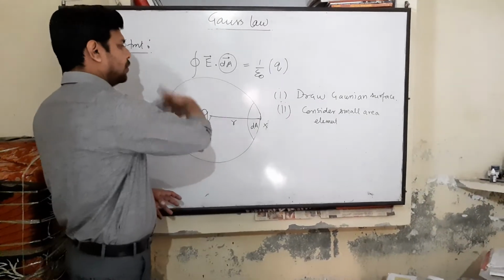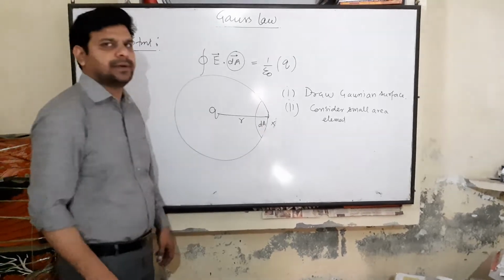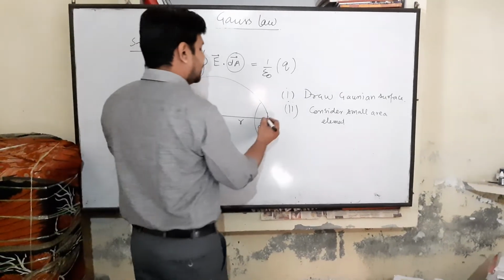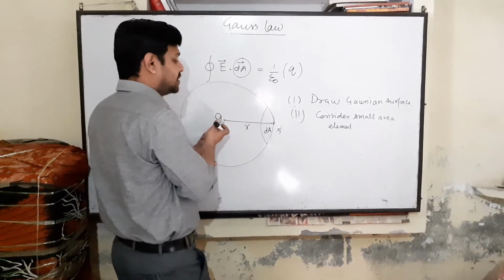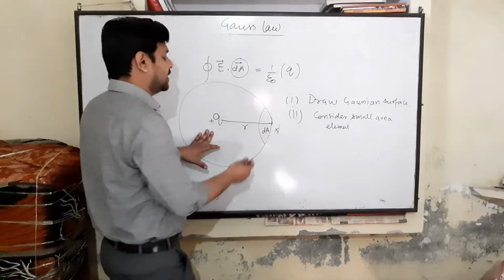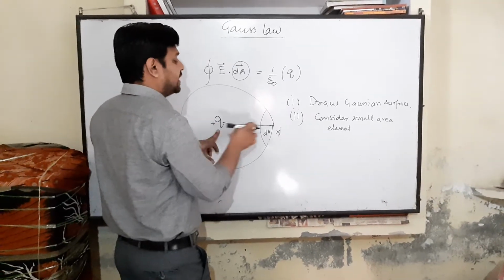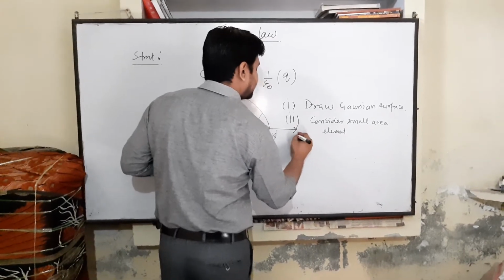A is the whole area and the small section of this area is dA. Then draw the direction of electric field due to this charge. At this point we have a positive charge, so the electric field due to this charge at this point will be like this. This is the electric field.